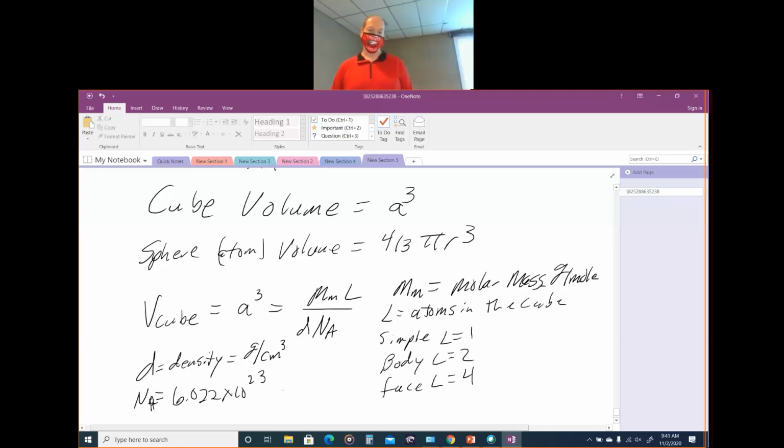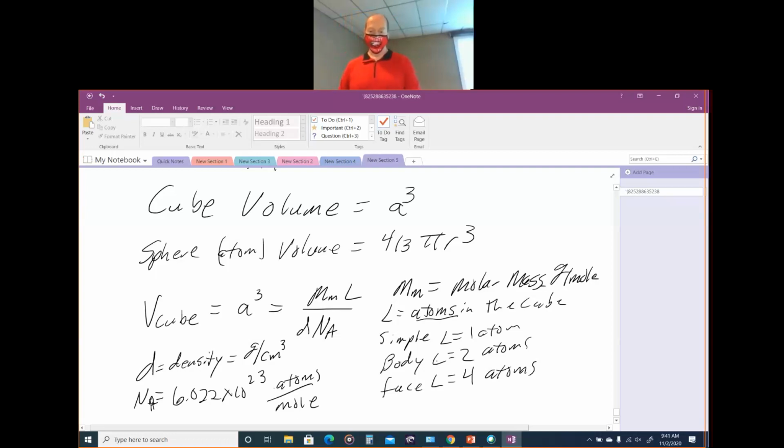And this is going to be atoms, which is what you have here, atoms in the cube. It's going to be 1 atom, or 2 atoms, or 4 atoms. And how we're going to get that to cancel is from our Avogadro's number, atoms per mole. And the moles cancel because you have your molar mass.